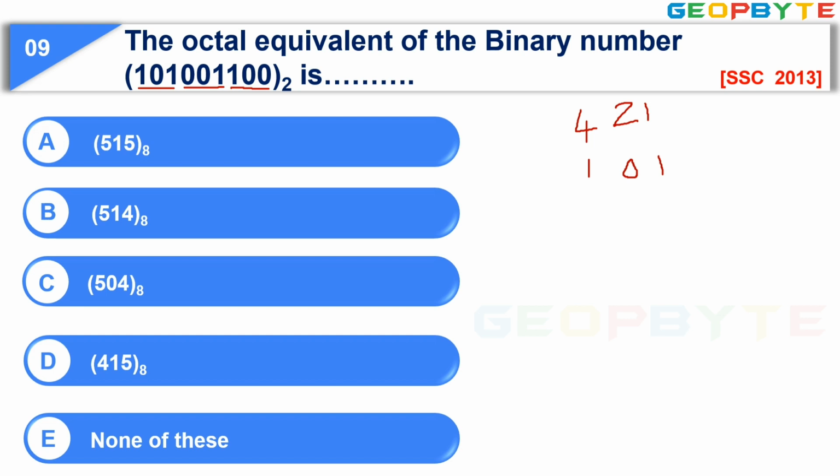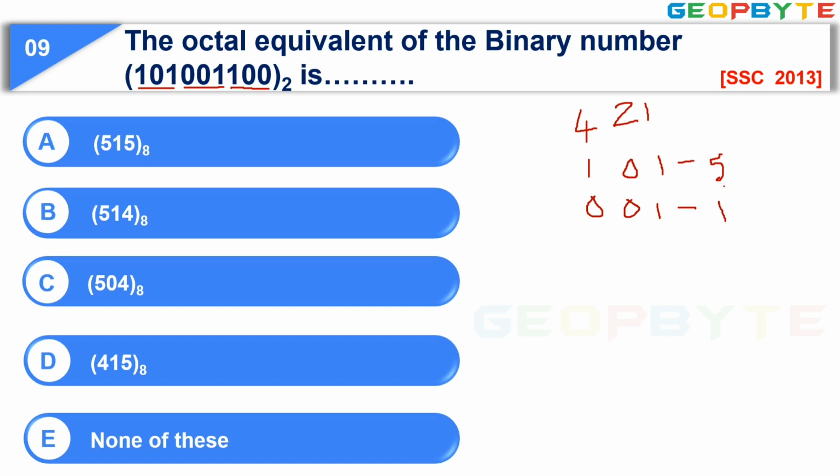After that we have 0, 0, 1. This means we are selecting only one digit, that is 1. So here we are getting 5, 1. From option A we are getting 5, 1, and option B also we are getting 5, 1.